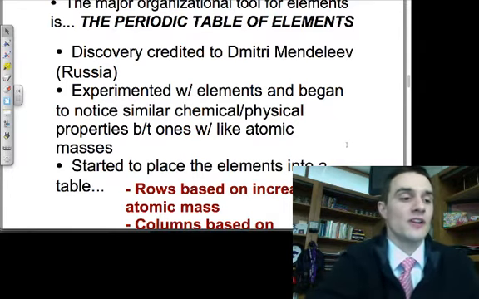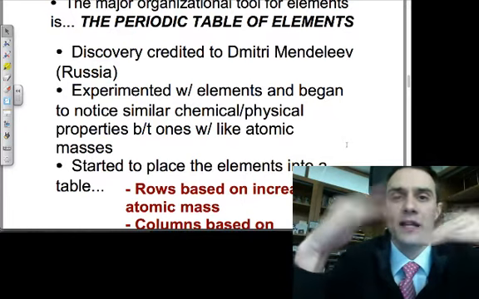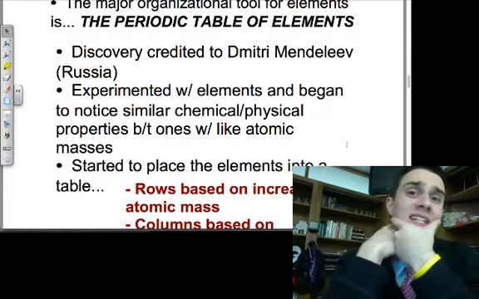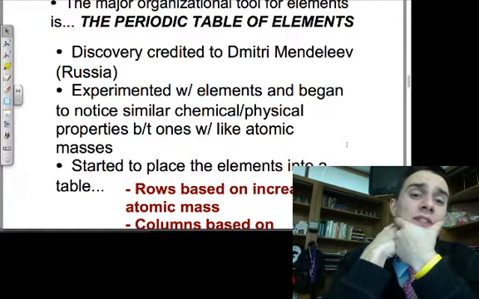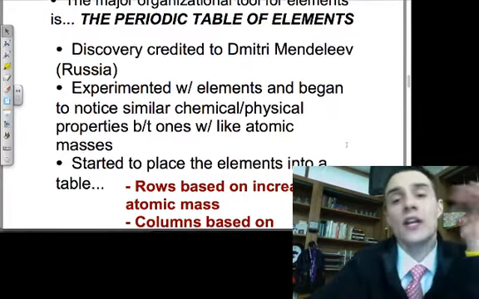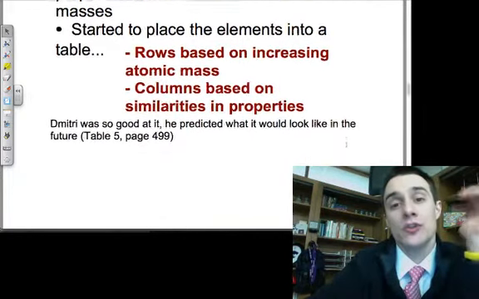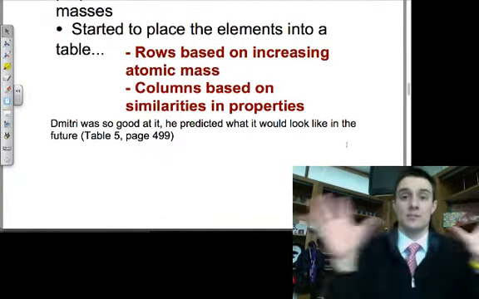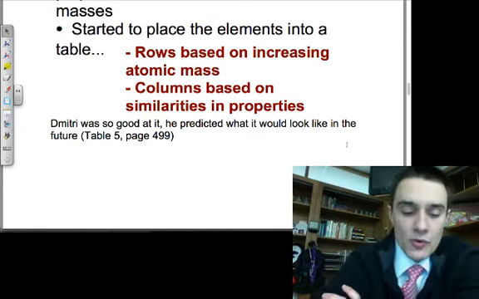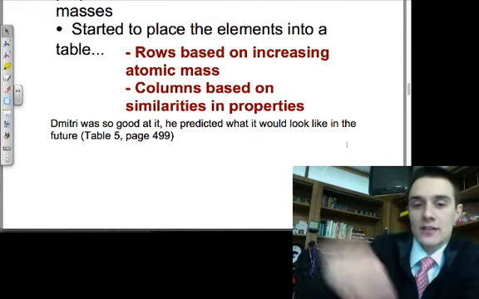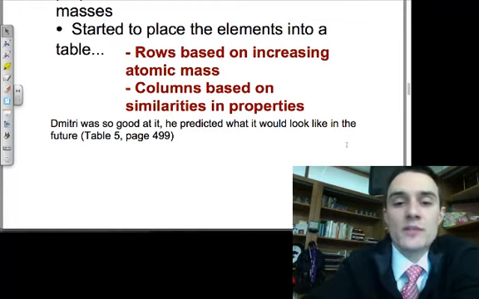He recognized that they share some similar traits, both physically and chemically, and started to place them based on increasing atomic mass in his periodic table of elements. The rows were increasing mass, and the columns were based on similarities and properties.